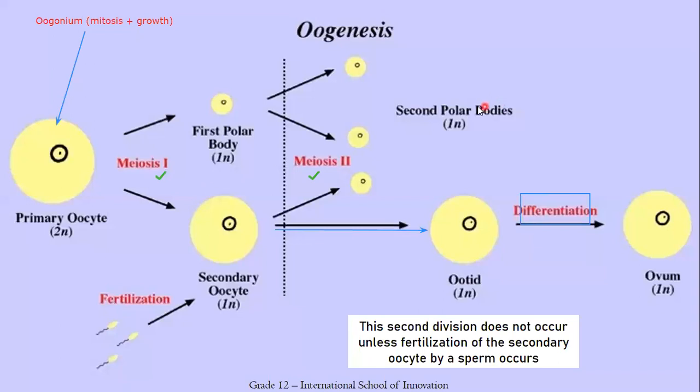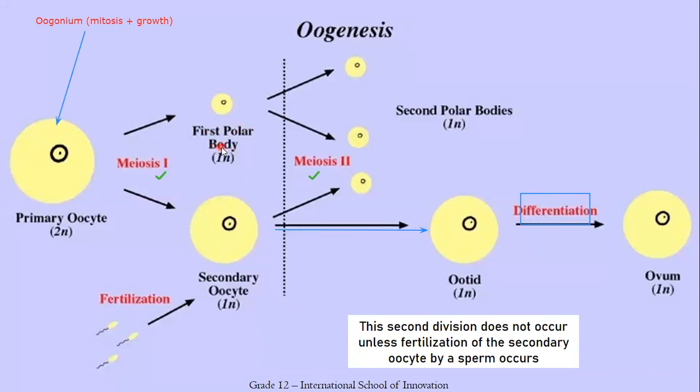Now, look at the polar bodies. By meiosis 1, we were supposed to have a division, right? So oocyte 1 had to divide into 2 daughter cells. But during oogenesis, only one cell is suitable to continue the divisions.